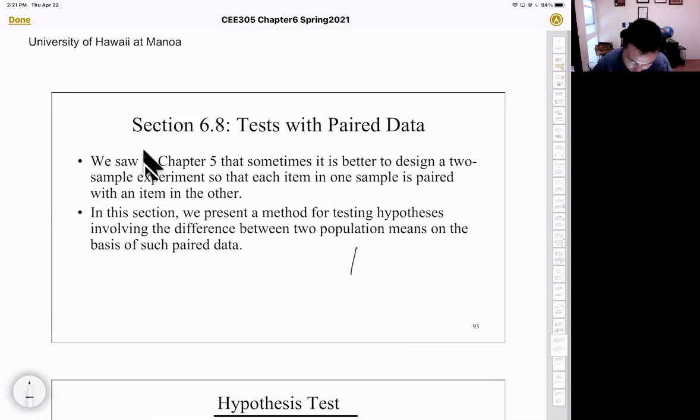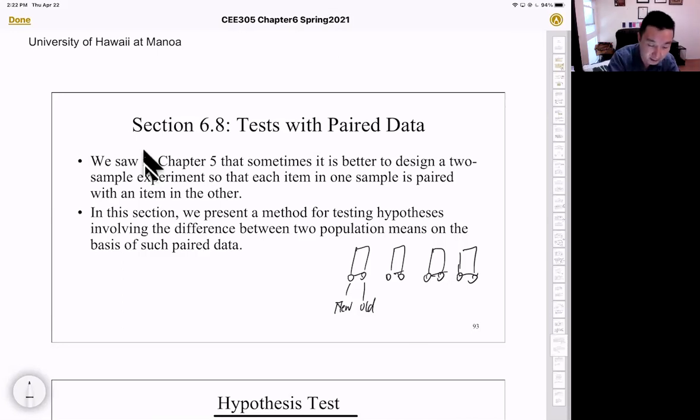For example, we try to compare the new tire and old tire and run cars for 10,000 miles, and we compare the wear. For each car we have a new tire and an old tire, so this is an example of pair data.